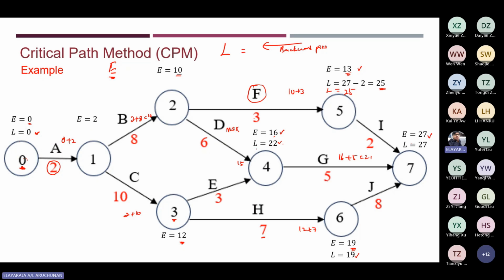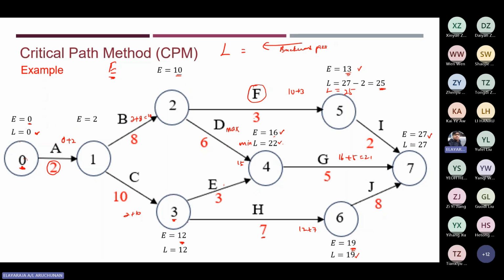Now when you come to this part, we have two options. For this case, we need to take the minimum value of the latest finishing time. So in order to check the latest finishing time, we need to calculate first.